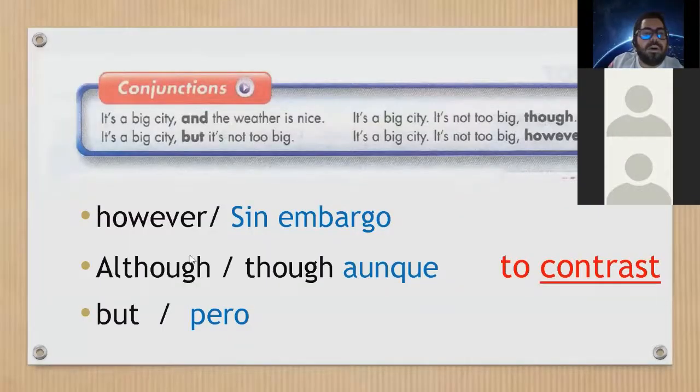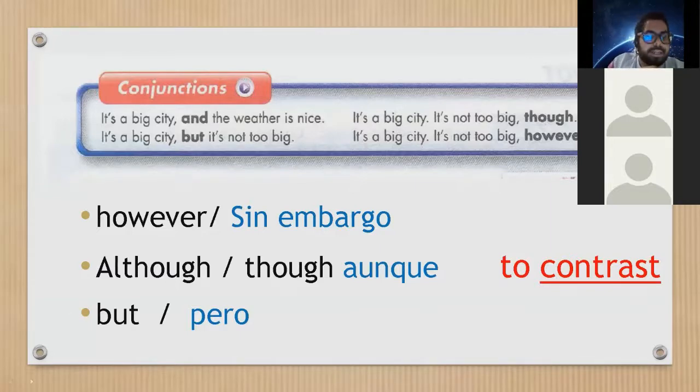Que de ahora en adelante sean, ok, mira, era como algo de contrastar, que es como el but, however, sin embargo. Yes, I want you to know those words, guys. I want you to be like part of your knowledge. However, although, though, and but are to contrast ideas. And we're gonna practice in a few minutes, guys, so don't worry.